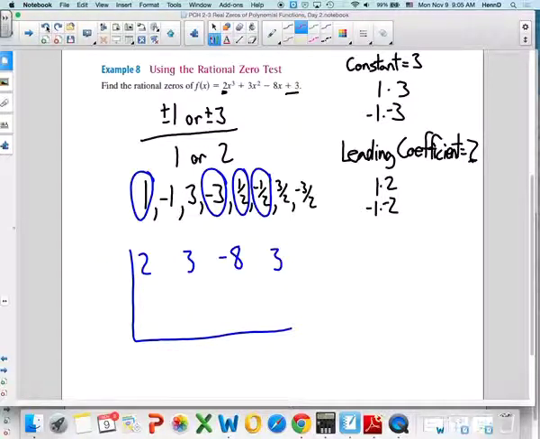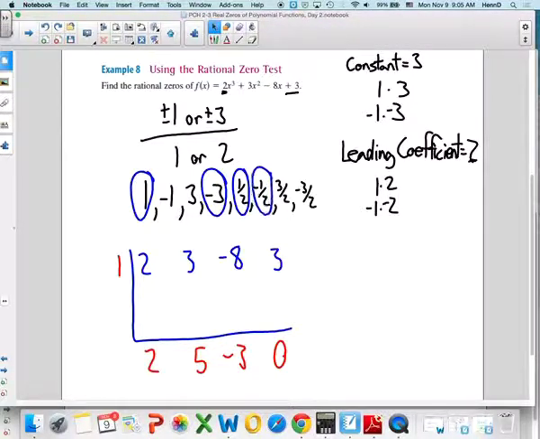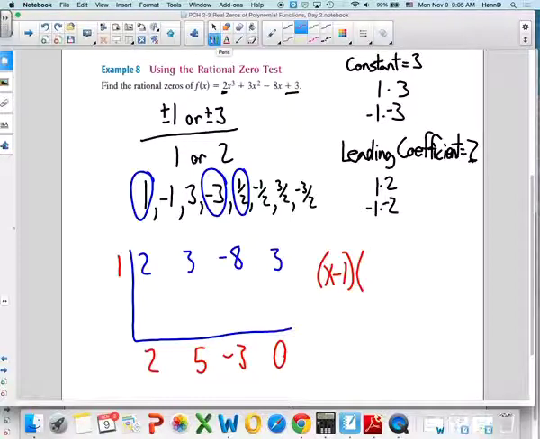When we go back here and we know that this is not a 0 anymore, at that point we now know that this factors into x minus 1 times the 2x squared plus 5x minus 3. Okay? And then you can take this and you can factor it further.